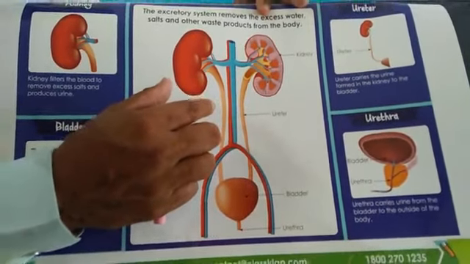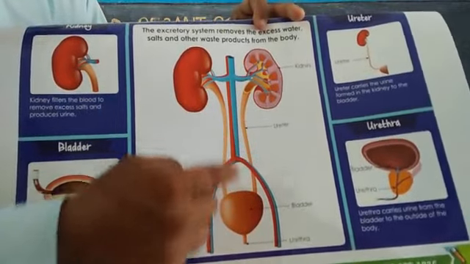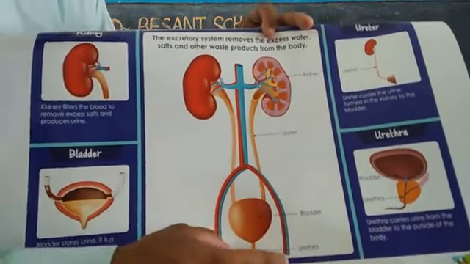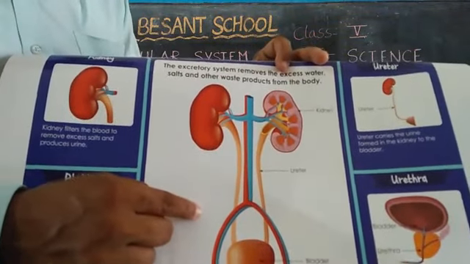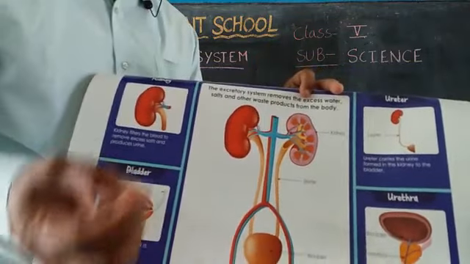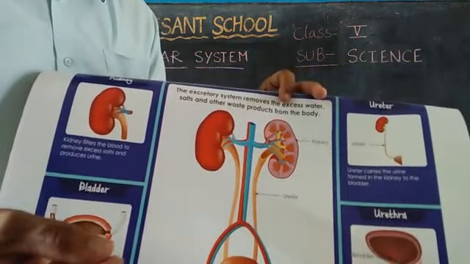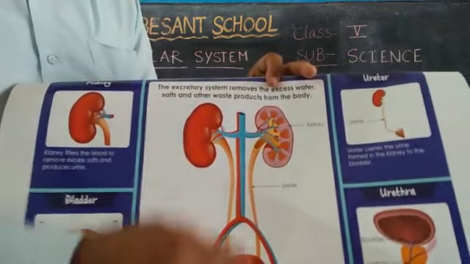I am telling once again, a pair of kidneys, ureter, urinary bladder and urethra together form a very important system called the excretory system. You know what? An excretory system plays a very important role. It eliminates the waste material from the blood.